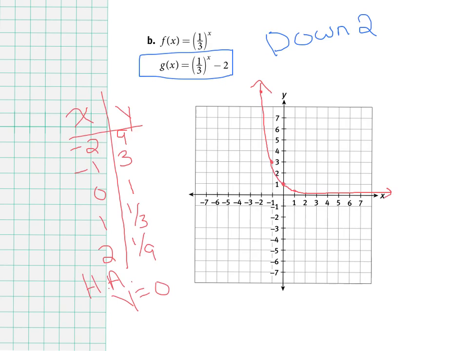So every single point is going down 2 steps. Notice what else shifts down 2 steps. My horizontal asymptote also shifts down 2 steps.